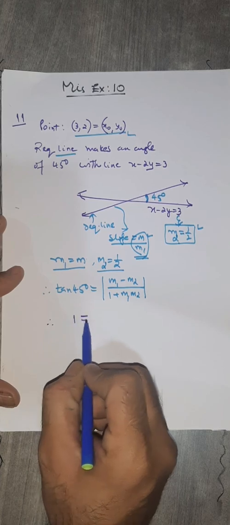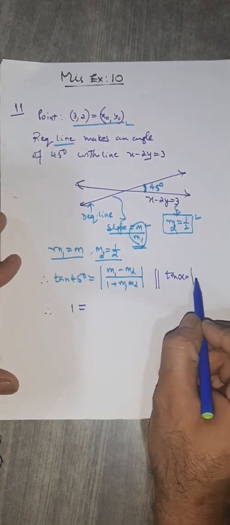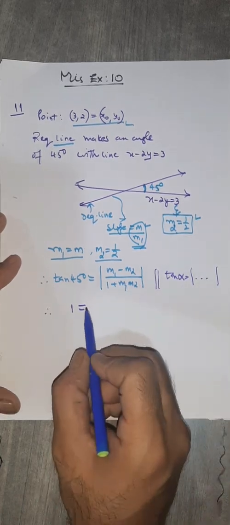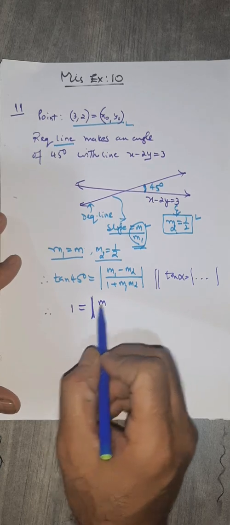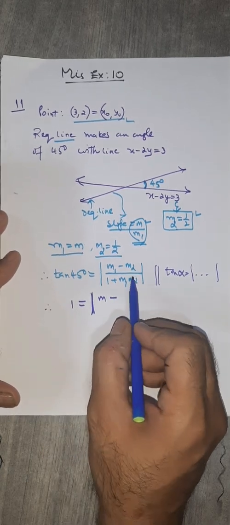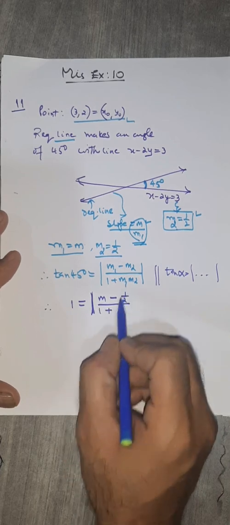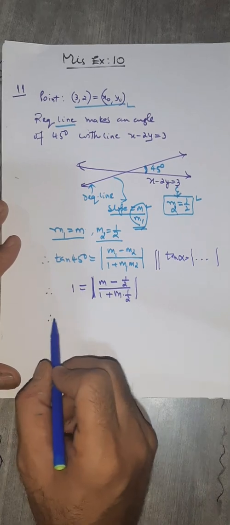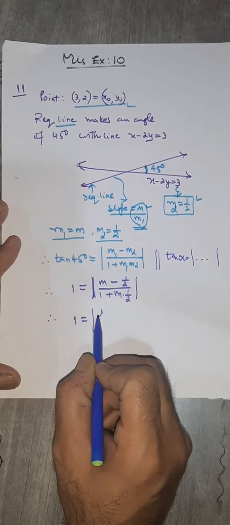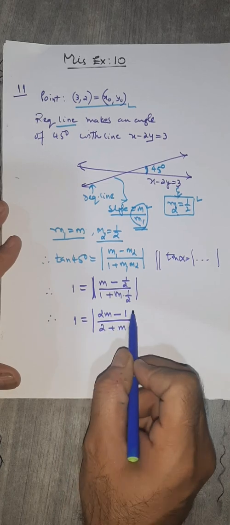If you remember this formula, tan alpha equals the same expression. Here m1 is m, which you want to get, and m2 is half. We simplify: (2m minus 1) upon (2 plus m).